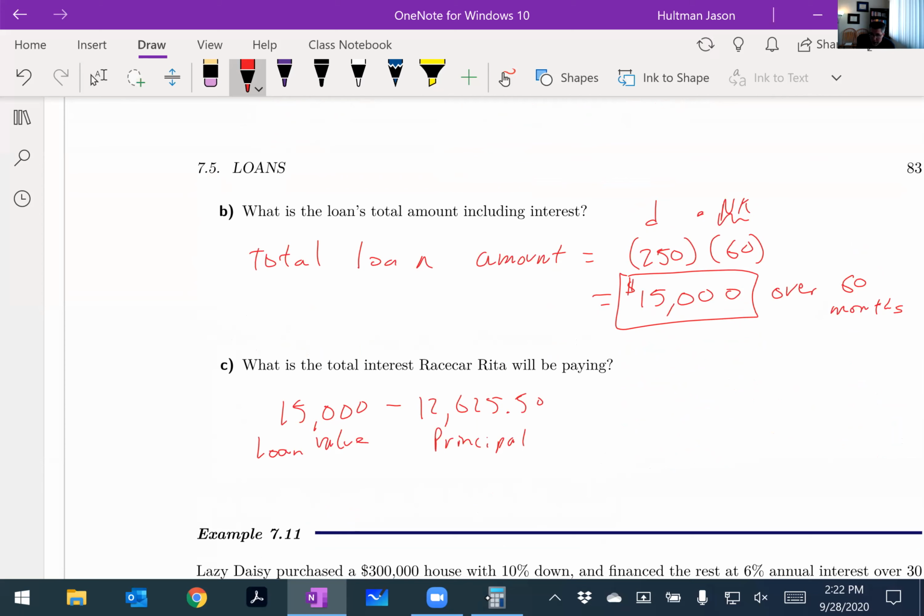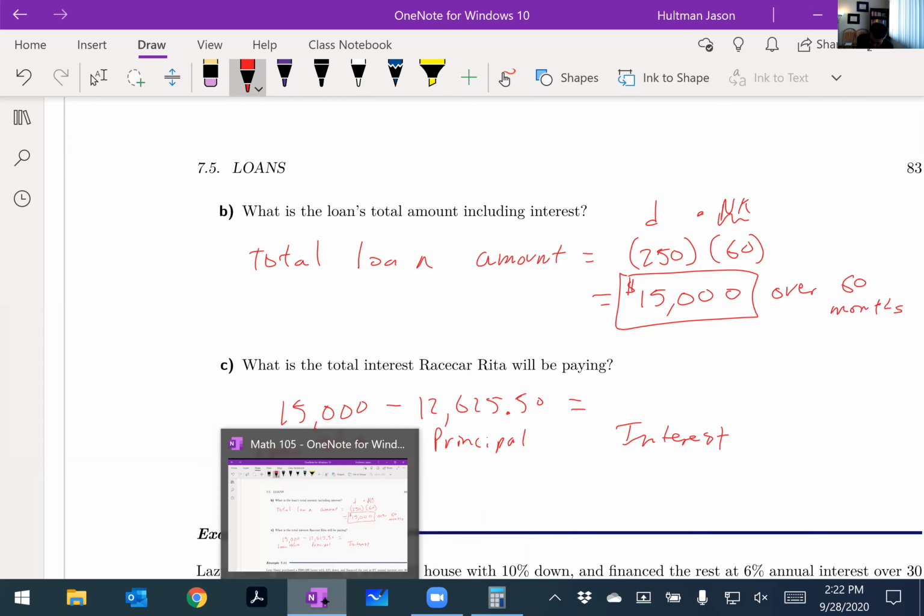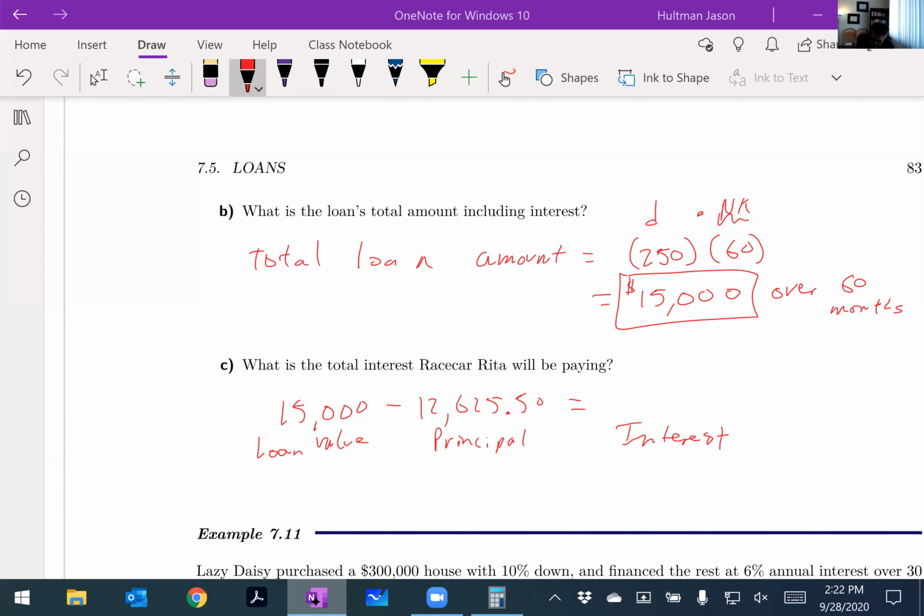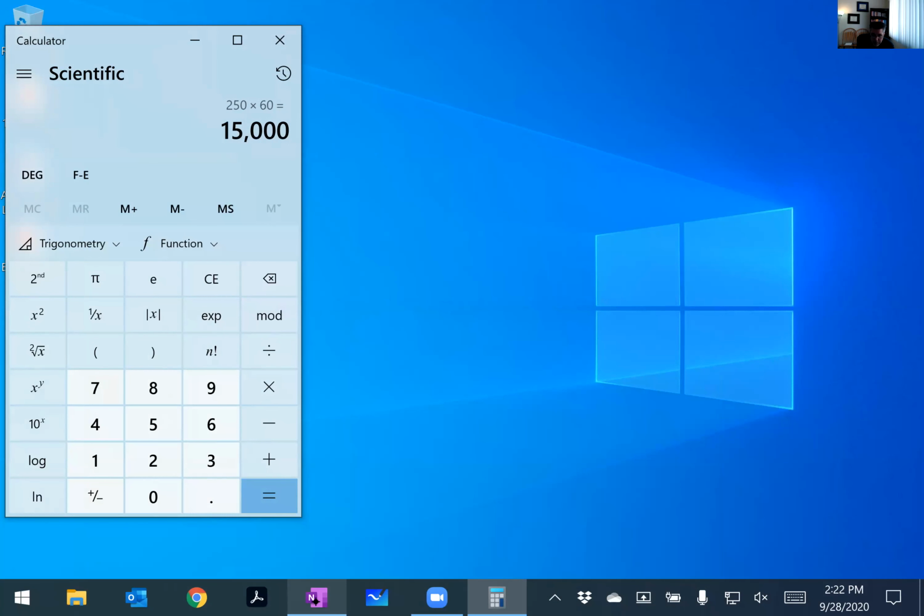That's the amount that I'm borrowing, is going to be equal to the interest. So the interest here, if I subtract this, is 2,374.50. Yeah, exactly. Thank you, Cassidy. Okay, so minus 12,625.50. Is that right? Yeah, 2,374.50.